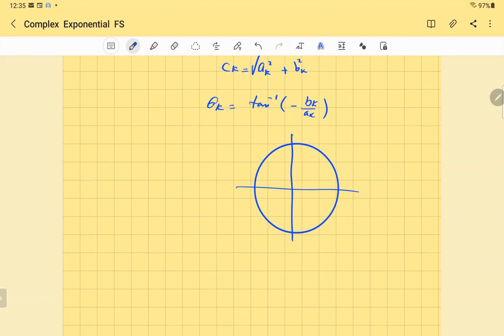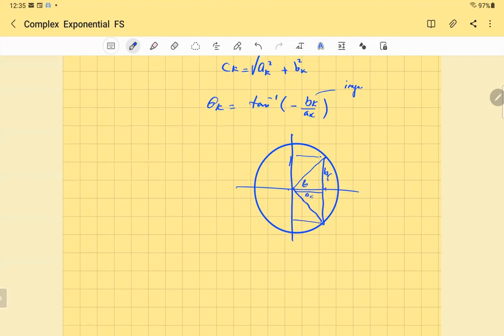if you do anything like that in the first quarter, that's theta. You have the real part and the imaginary part. Both are positive, so no problem. You find the tangent, just divide b over a, because b represents the imaginary part. That's b, and that's a. What about in this quarter?